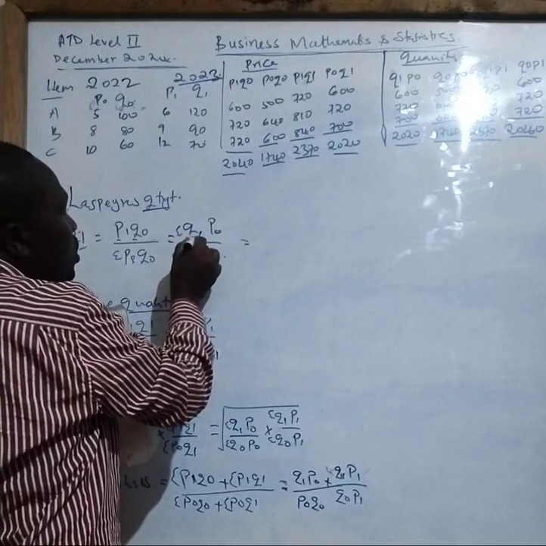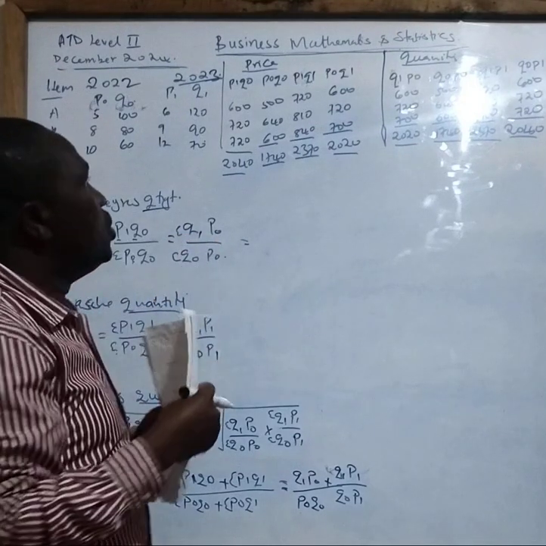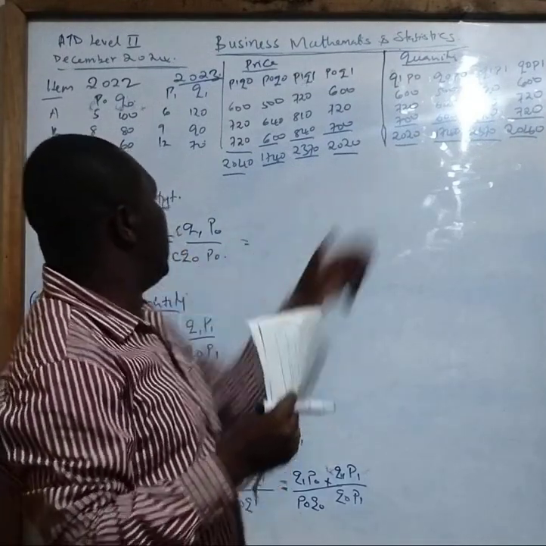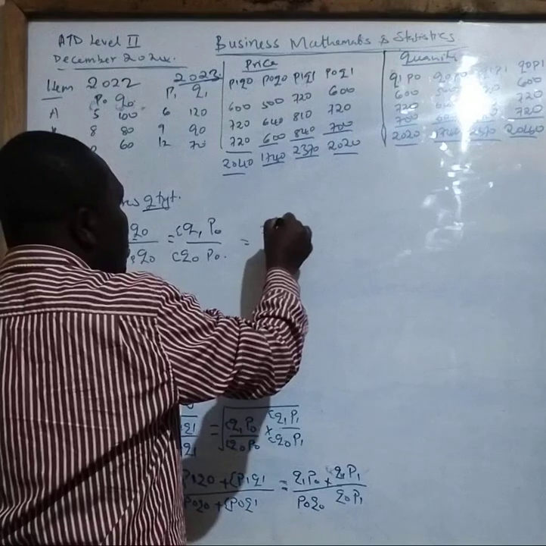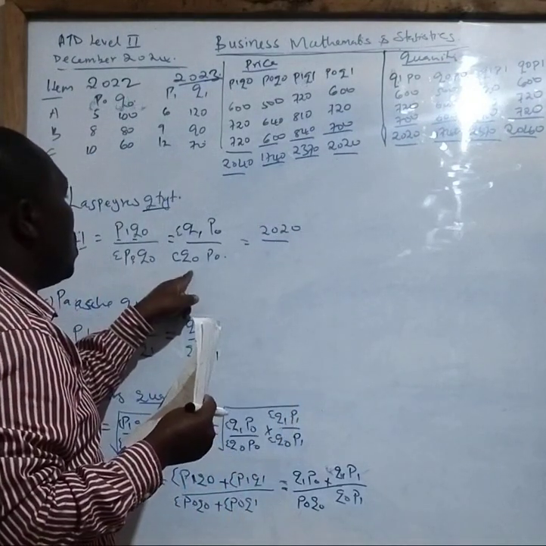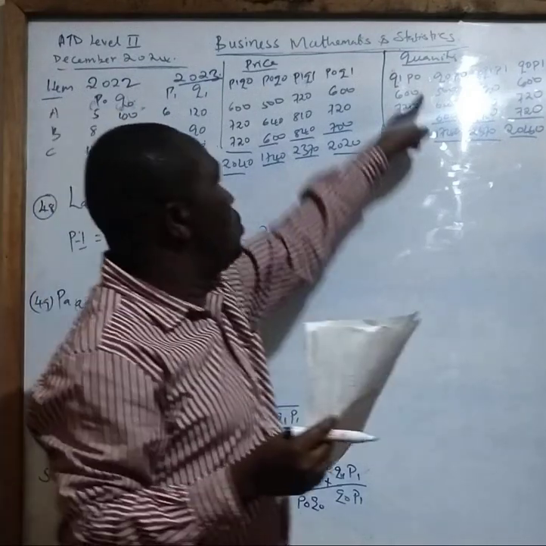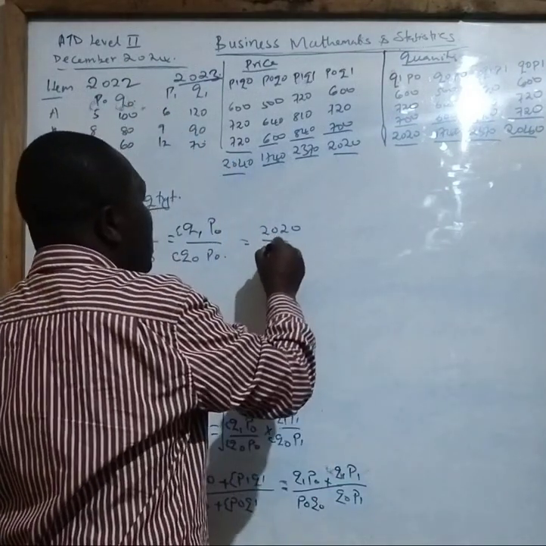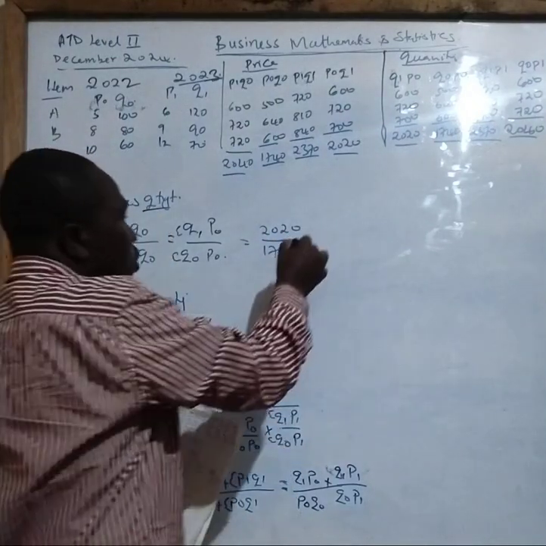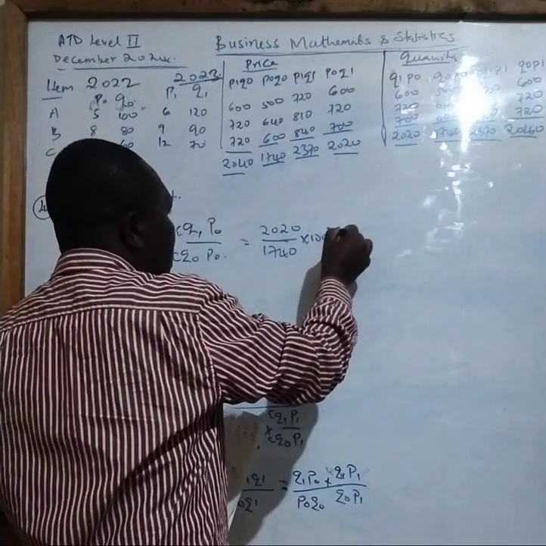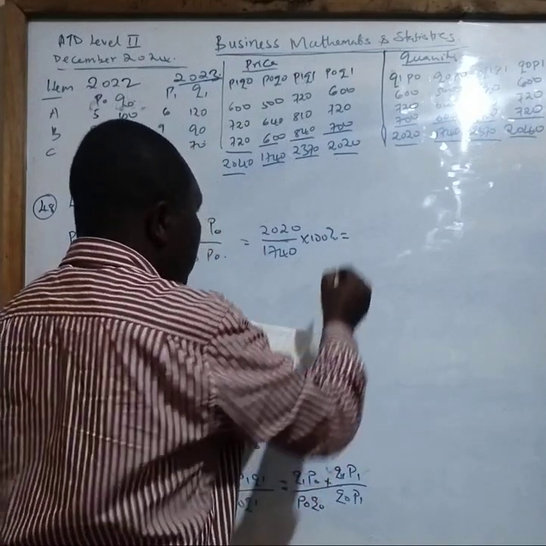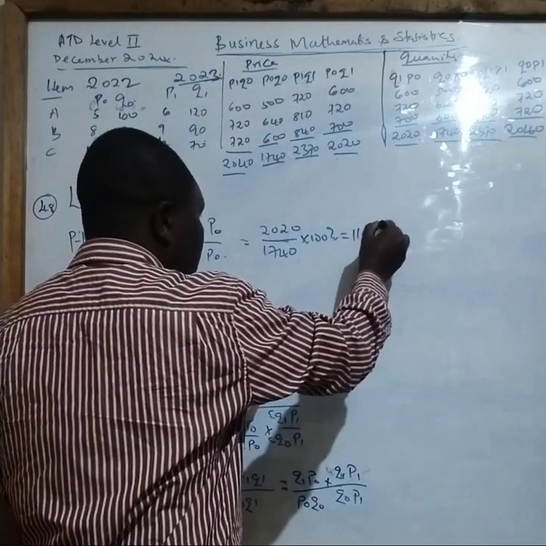The summation of q1p0 is this one, so it will be 2020 divided by q0p0. q0p0 is 1740. And because I want to get the relative value, I will multiply by 100%. And when you do that, your answer you will get there is 116.09%.